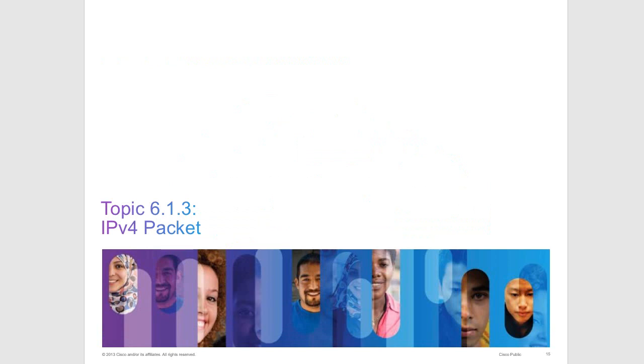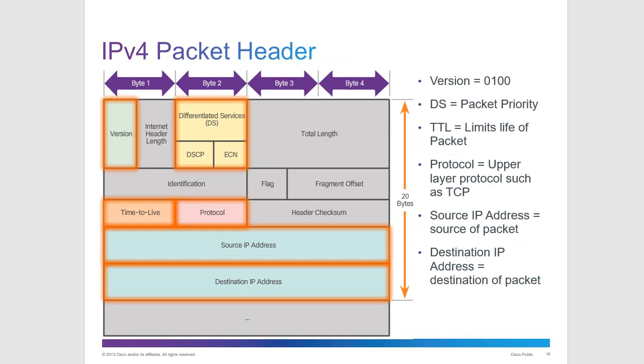All right, so we're going to discuss the IPv4 packet and its different sections. With the IPv4 packet header, you're going to want to be familiar at least a bit with the sections that are highlighted here. You've got the version, which would be IP version 4 in this situation. You've got differentiated services, which has to do with quality of service.